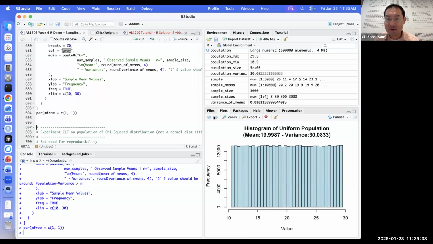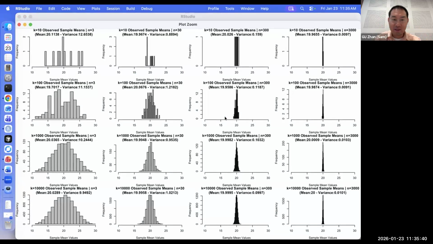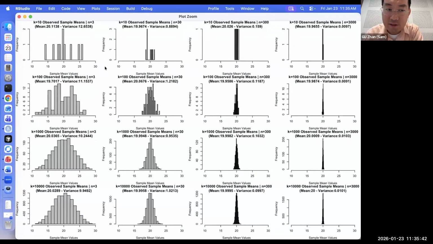Next we look at this chart. Let's explain it. First, let's look at the first column, the four figures. The four charts are n equal to 3, sample size equal to 3. The mean value in all of them is similar to 20.